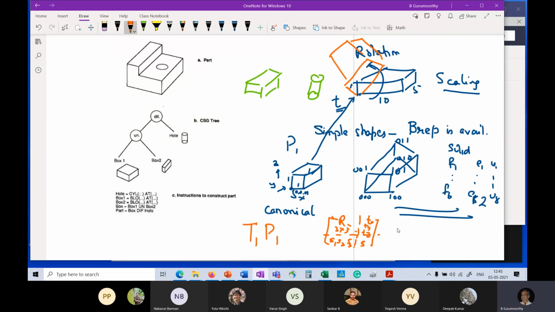This, when it is multiplied by the coordinates of a vertex, will give me the new location of these coordinates. And so I pick a primitive and I pick a transformation for that primitive.